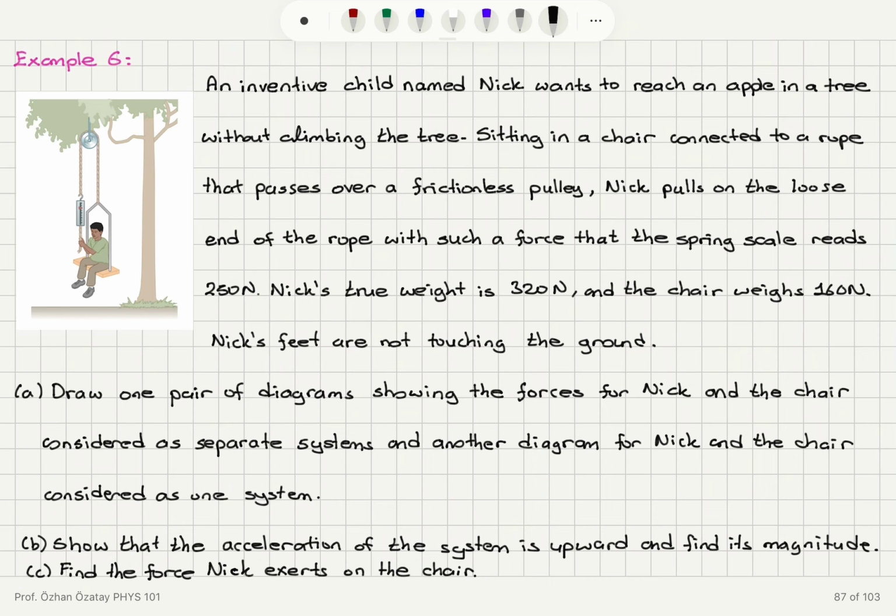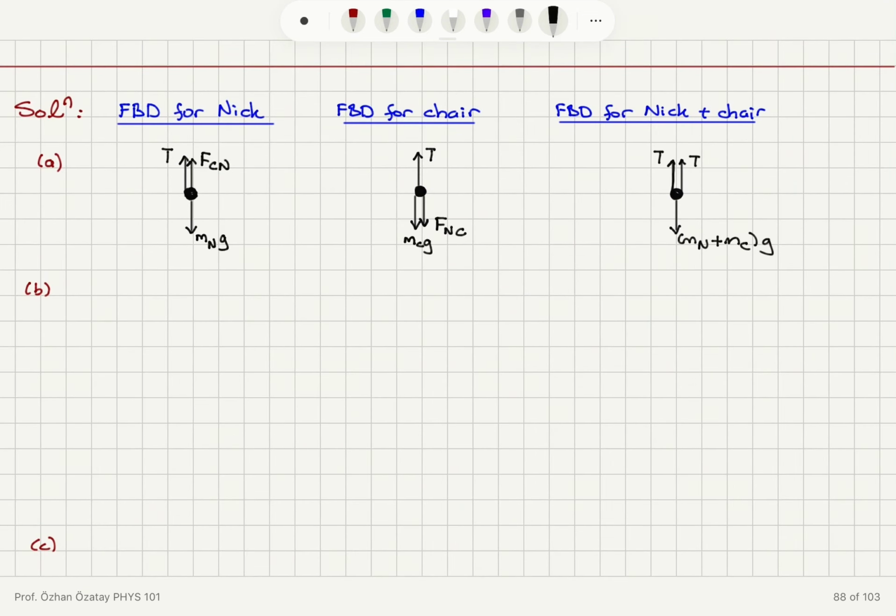Now we want to know the common acceleration of the system. Now I start with the combined system. For the combined system, Nick plus chair, free body diagram, I can see that T plus T, 2T, that is pointing up, so this is my y-axis here. 2T is 250 newtons times 2, 500 newtons pointing up.